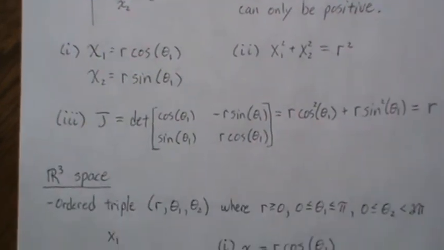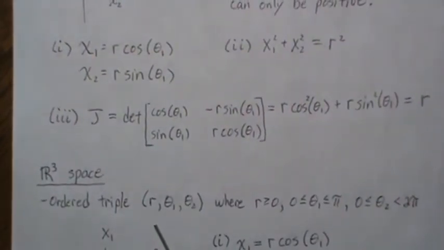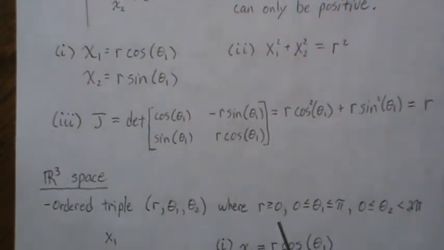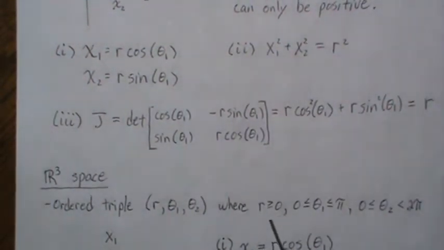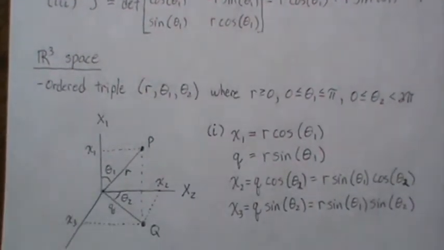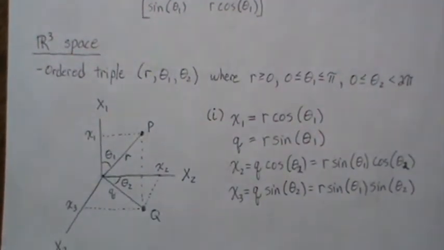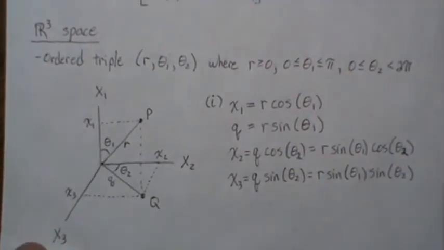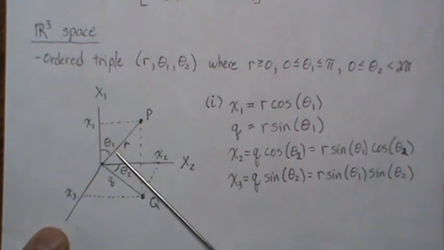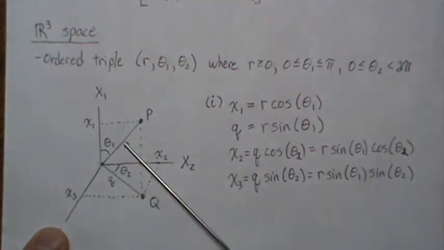Now let's move to 3 space. Ordered triples, r, theta 1, theta 2, where r is non-negative, theta 1 is between 0 and pi, and theta 2 is between 0 and 2 pi. Here's the picture of what's going on. In our system, x1, x2, and x3, there's some point in space. Then r, of course, is the distance from the origin.